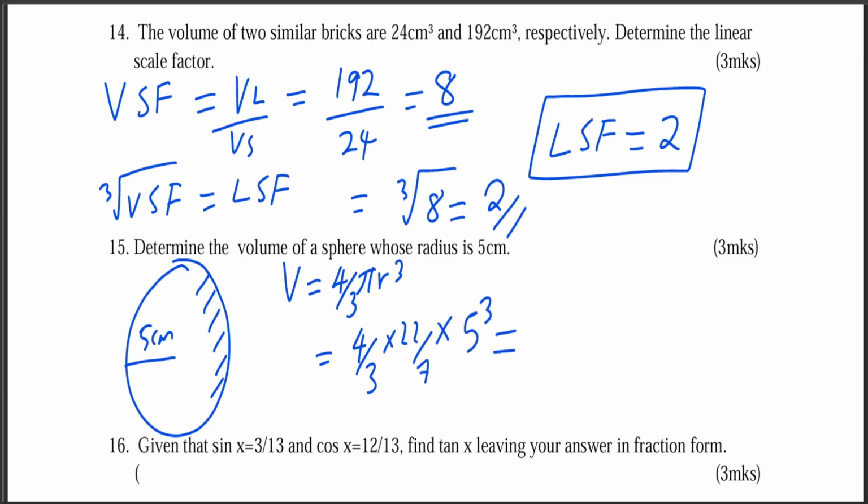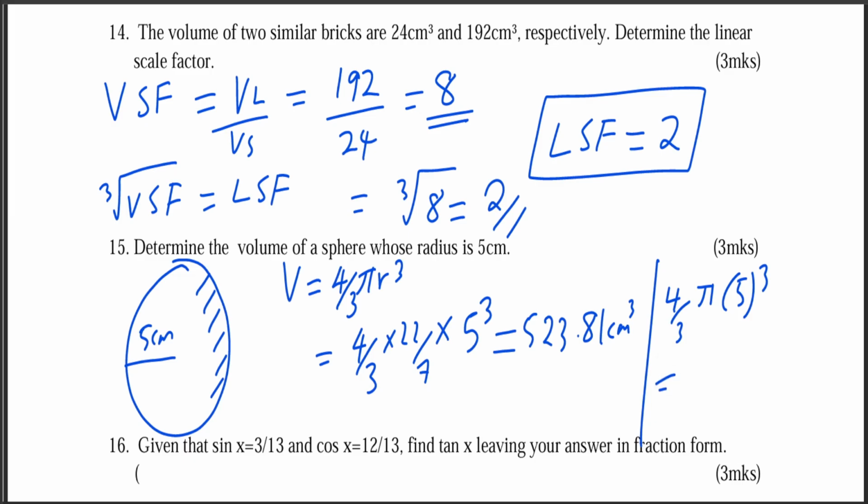But it's preferred to use the pi itself. So it's going to give us 523.81 cubic centimeter. But let's use pi also: 4/3 times pi times 5 cubed.